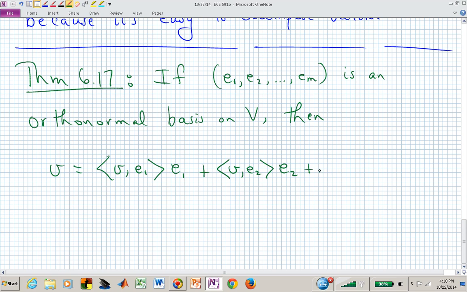And keep doing that. These inner products now allow us to figure out how much of V is in the direction of this orthonormal basis. Here, let's say this is now the final piece, which is the inner product of V with E sub m, times E sub m.